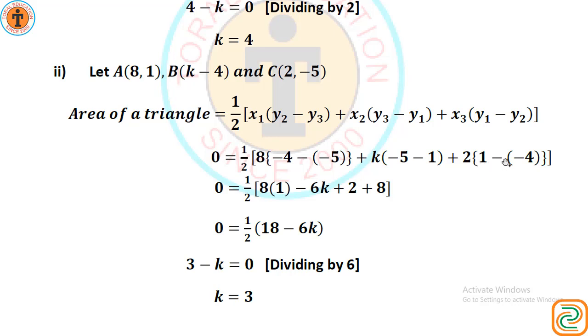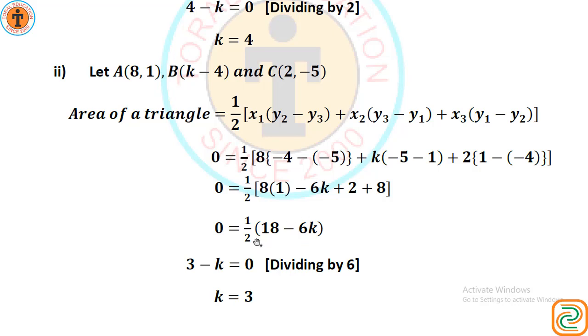Right? Here 2 ones are 2, minus minus plus 4, 2 fours are 8, here is 8. So 8 plus 2, that is 18, 18 minus 6k. 8 ones are 8, 8 plus 2, 10, 10 plus 8, 18. 18 minus 6k.